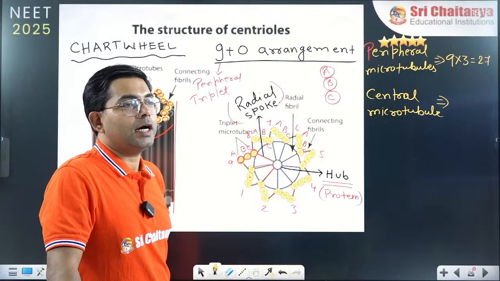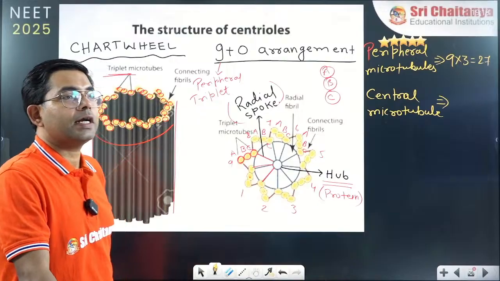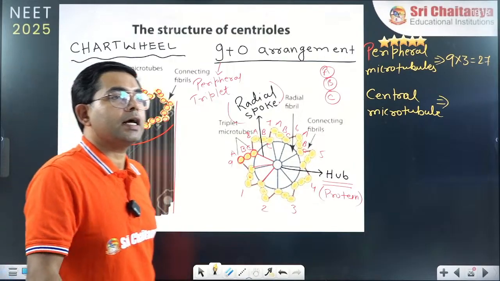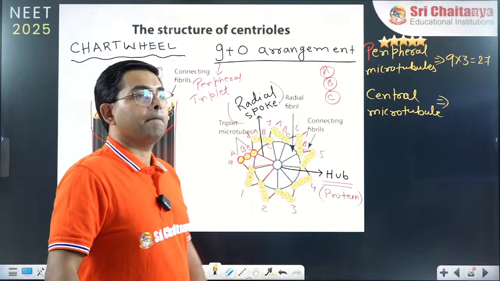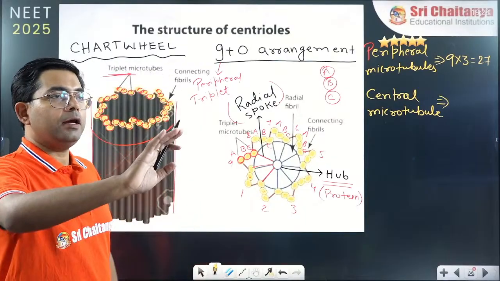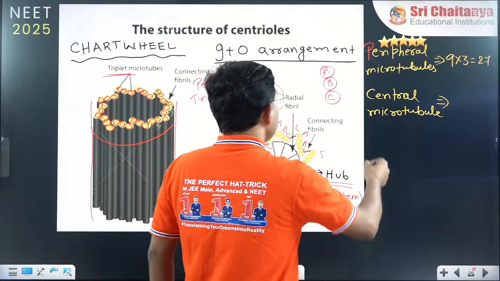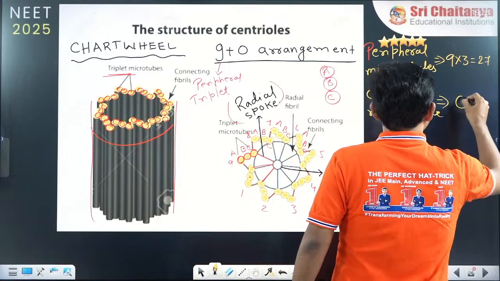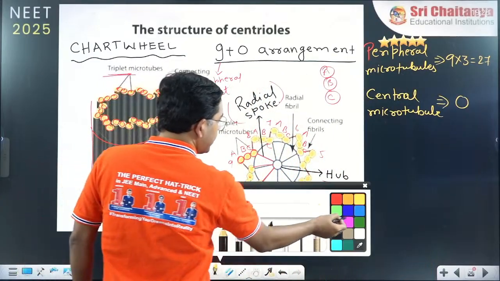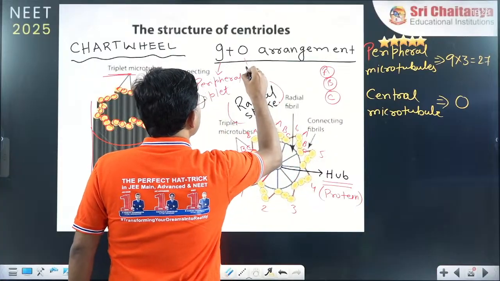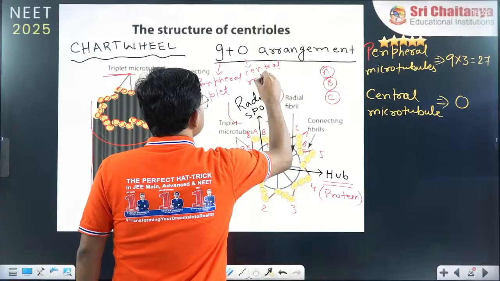Okay, Ishwar, Jha, Tanish, very good. Chandrika correct. Raju, Sai, fine. So the central microtubule is clearly mentioned here: 0 is the central microtubule. So no central microtubule is present.